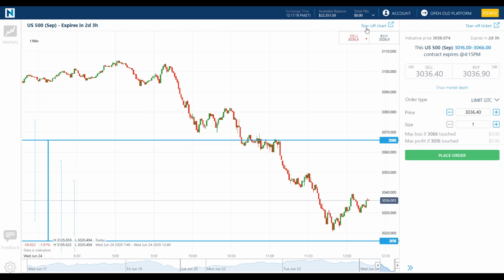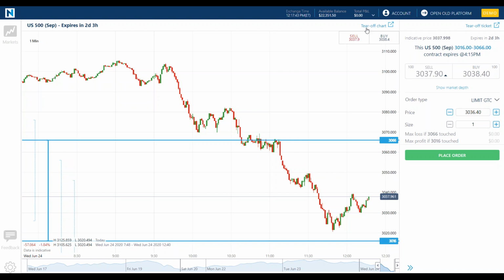If you have multiple screens, you can tear these off. I'm working with one screen, but let's say you have 3 screens. You can put a chart and an order ticket on your left screen, on your right screen, and in your center.